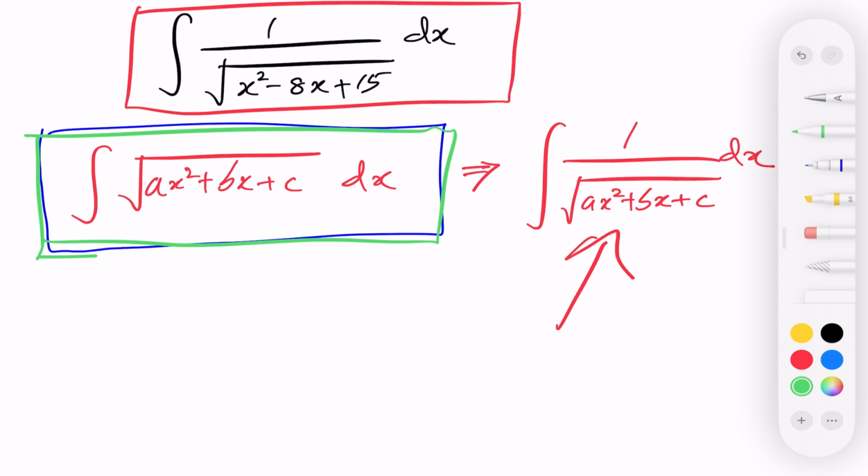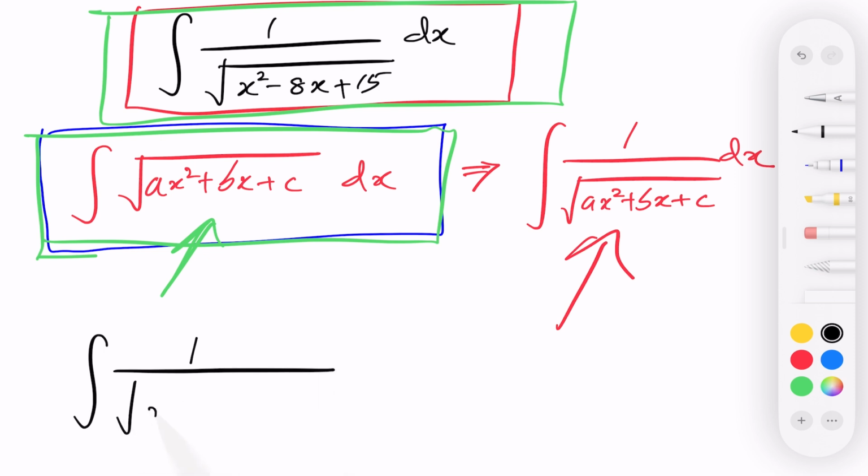Instead, I'm going to directly apply those methods and evaluate the integral given right here. Those who need help evaluating this integral, please go ahead and watch the video posted in the link down below.